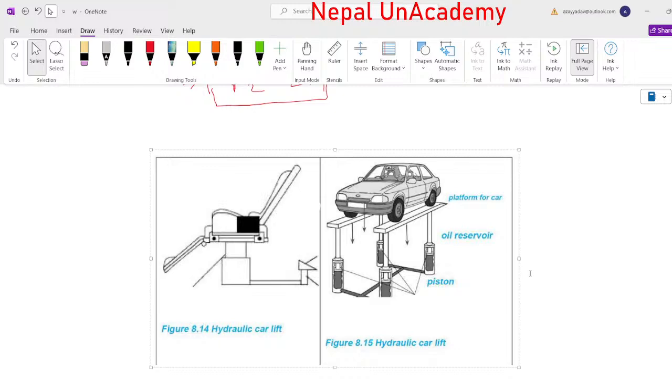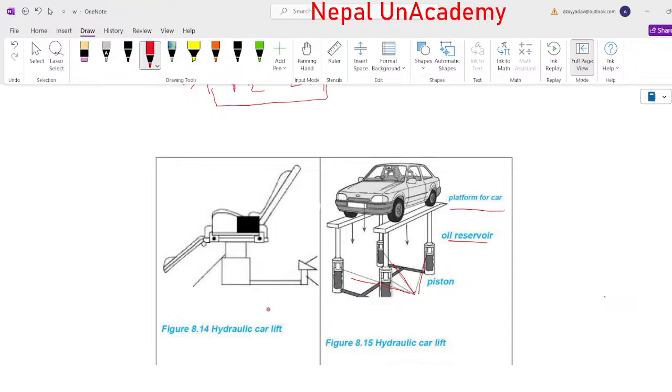According to the uses, we have designed their shape and size. So this is basically what pistons we have. Here we can see the piston. This is the piston, and this is the oil reservoir, and this is the platform for the car, how it is lifting.